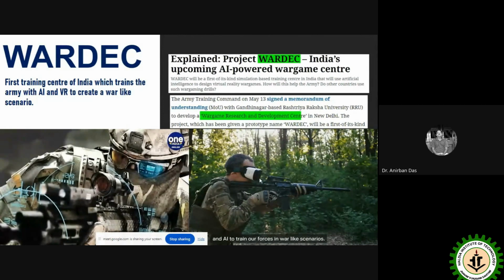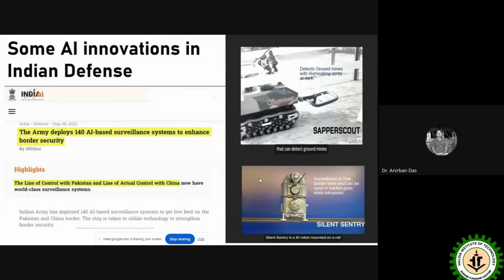So the situation-oriented things are made as the Wargame Research Development Center. Basically it is a training center that trains the army with AI and VR to feel the war-like scenario. And there are some products I can tell you, Safer Scout and Silent Safely. There are several products like this.